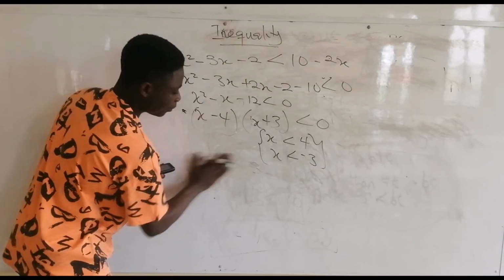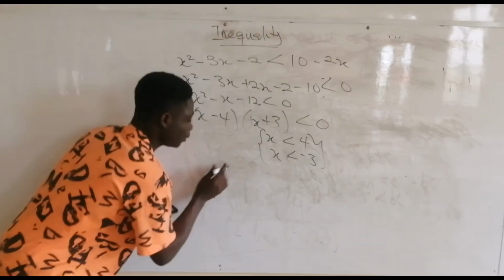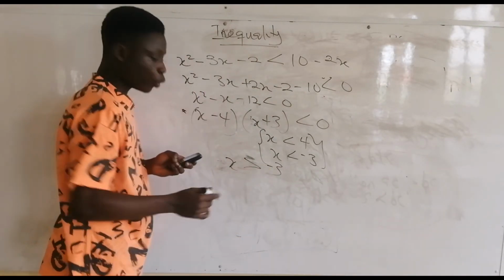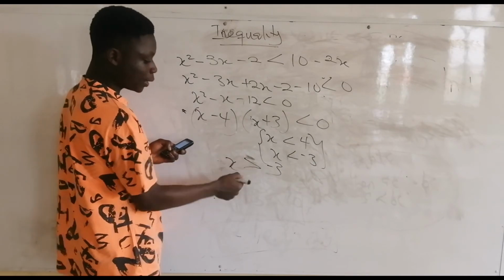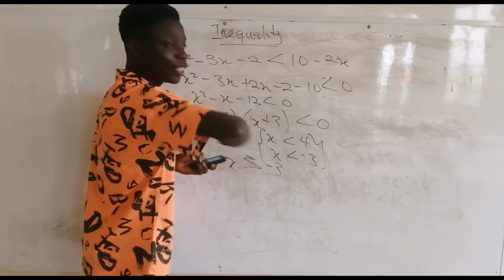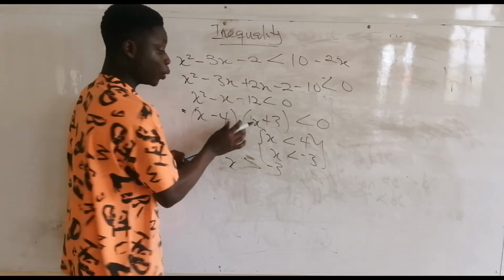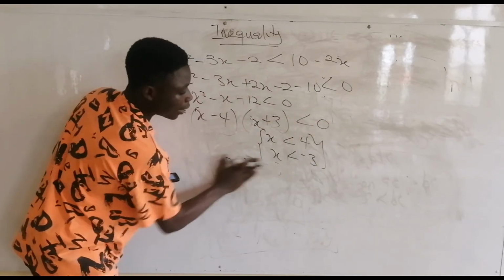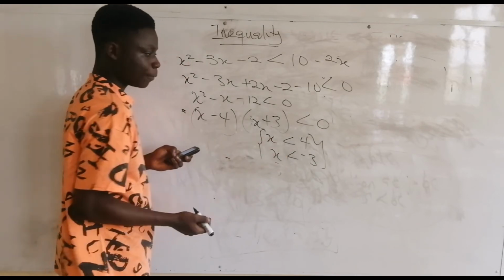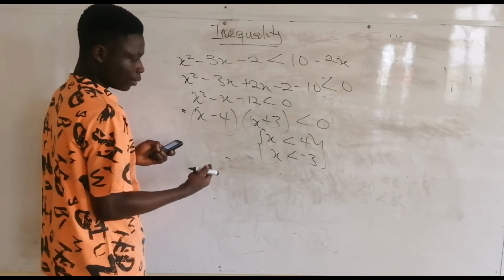And now let's see something. It means that x should be greater than -3. Because when x is greater than -3, we put -2 inside, it satisfies the equation. It will be less than 0. Now let's test for the top one. If x is less than 4, let's try 4.